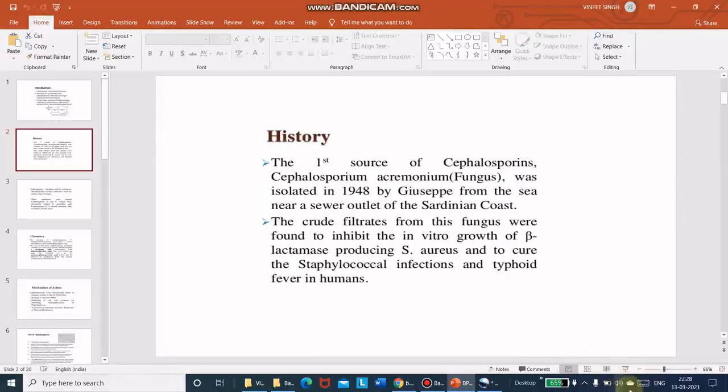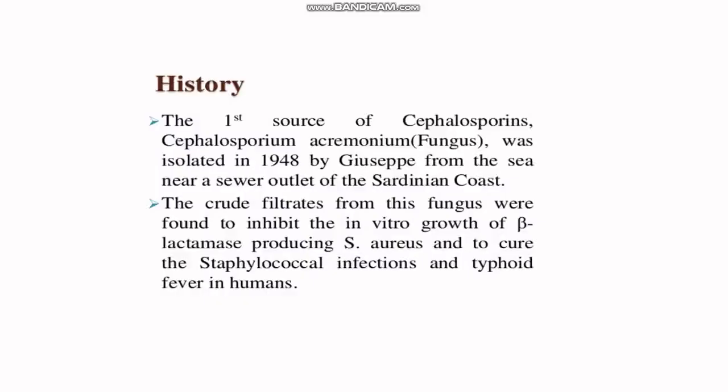Okay, so history. The first source of cephalosporin was Cephalosporium acremonium, discovered in 1948.